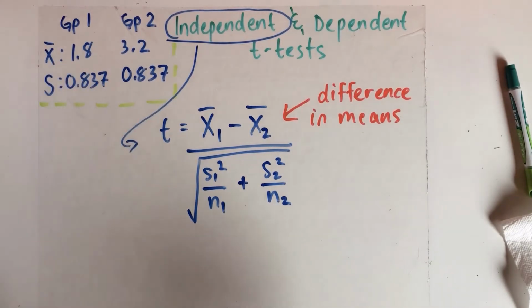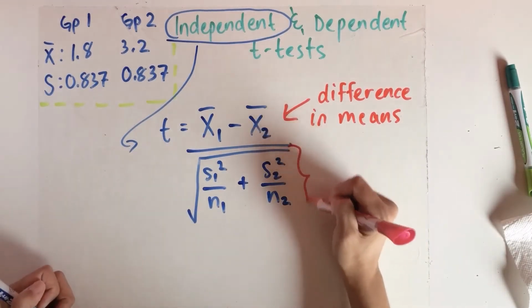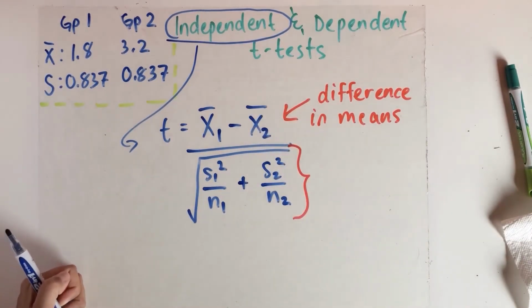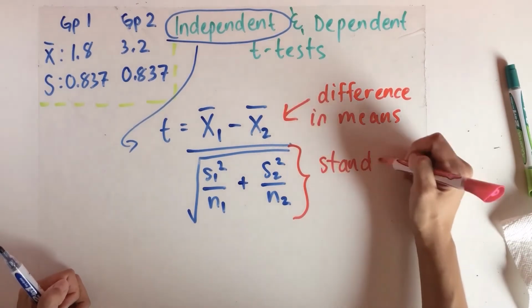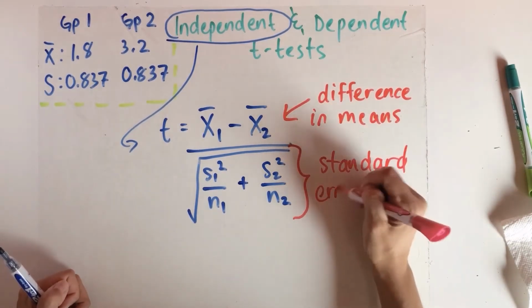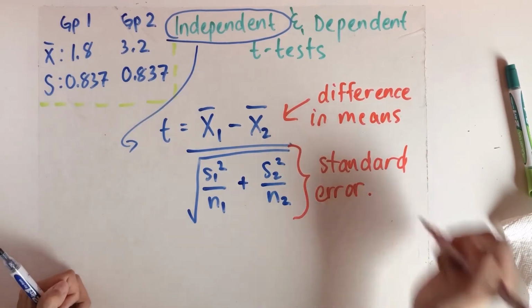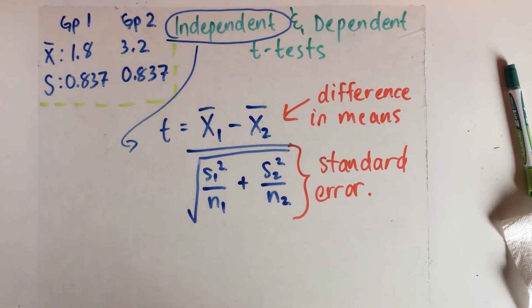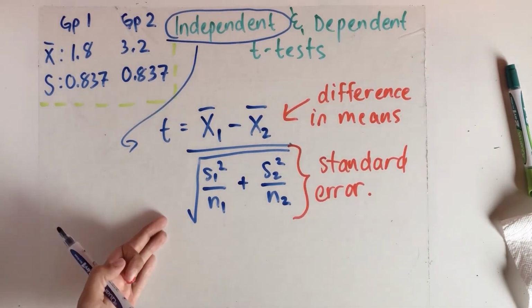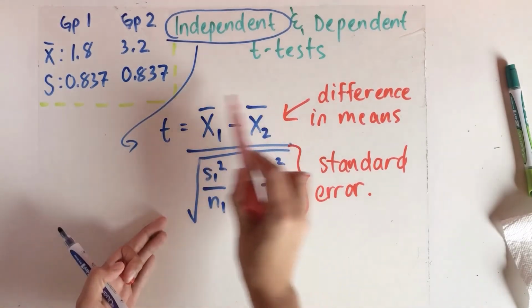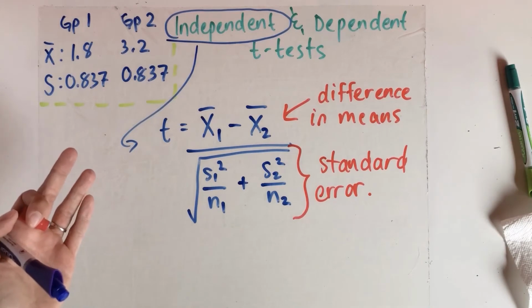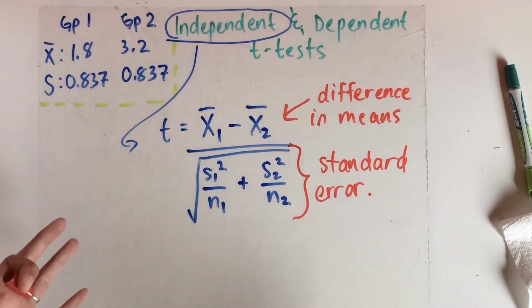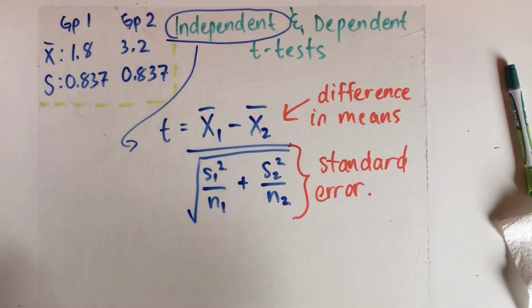Well, it depends also on how the data is spread out. So what this does on the bottom, this whole thing, including the root sign, is computing the standard error. One way of looking at it is that it's an estimate of how close the difference that we found in our two samples is to the true difference in means at the population level.